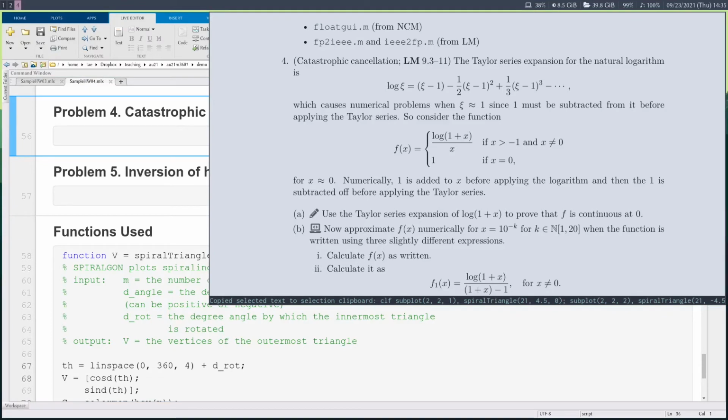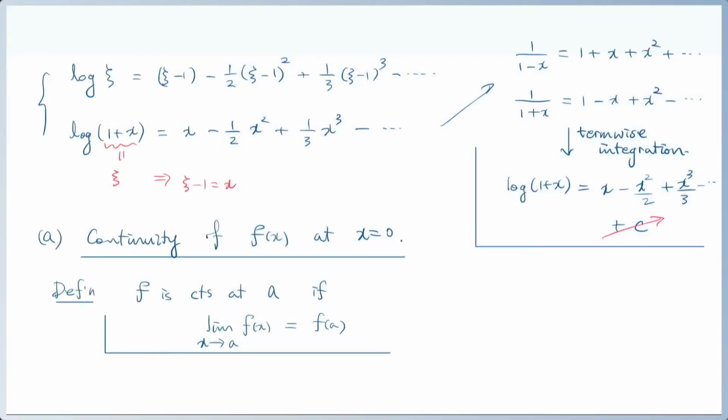That's what I'm going to show you. So we need to show that the limit as x goes to 0 of log of 1 plus x divided by x is equal to 1. That's what we need to show. This is f of 0.